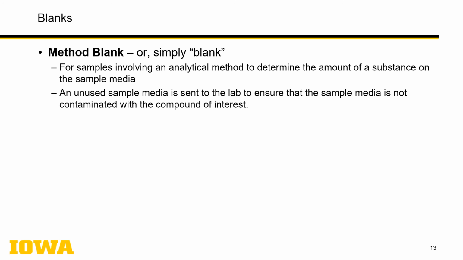And you need to have a blank that goes along with your samples in order to determine whether or not there's any substance on the sample media, some sort of contamination that would cause the measurements to be biased, right? Simply because your media itself has been contaminated by the same thing you're trying to sample.